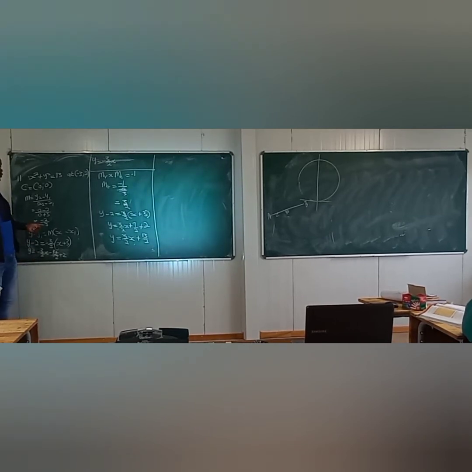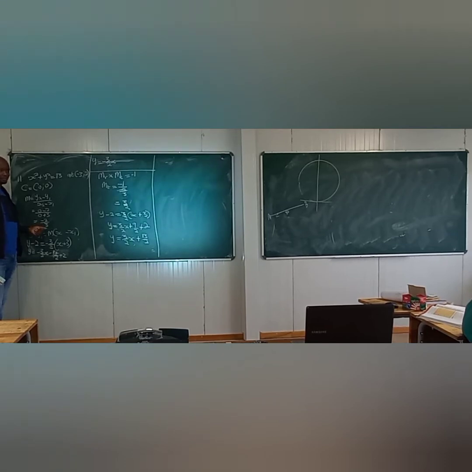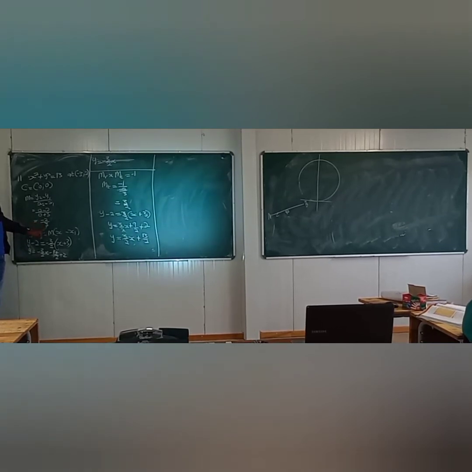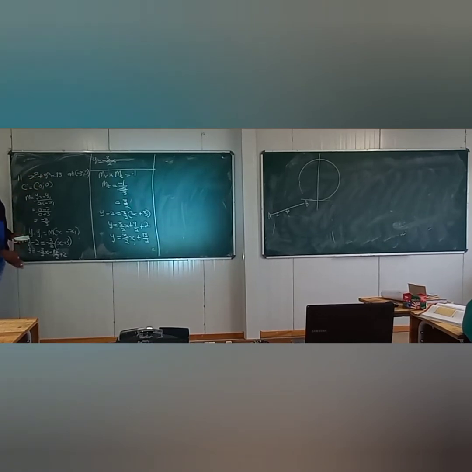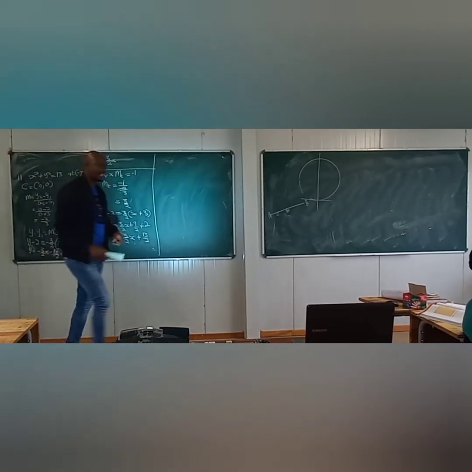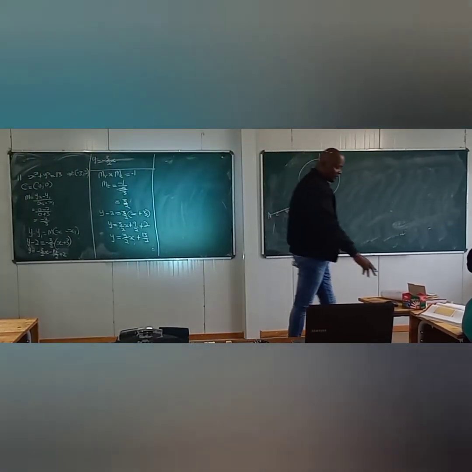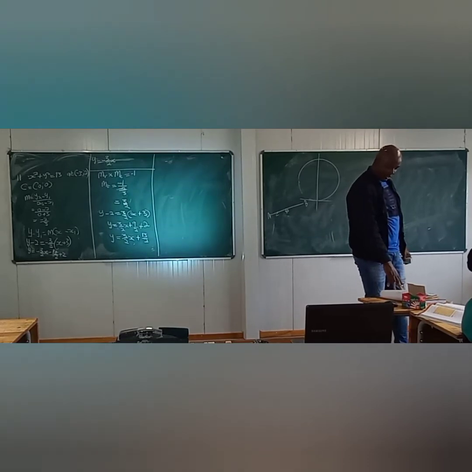No, this one is for the normal. The answer is negative 3 over 2. So here I'm calculating the gradient for the normal. The question asks to find the equation of the tangent and the normal.